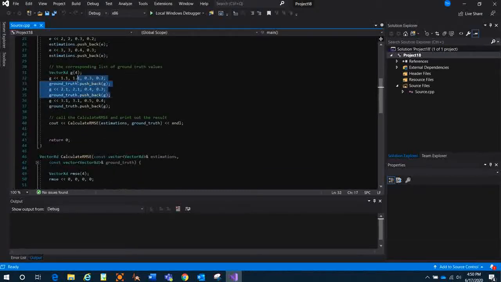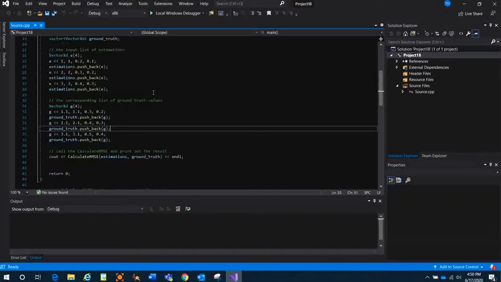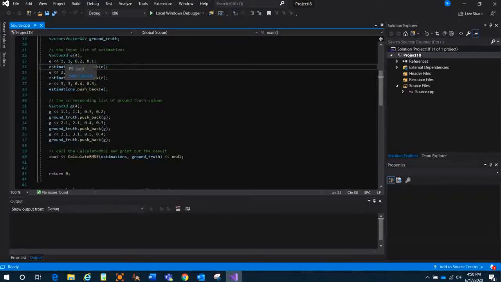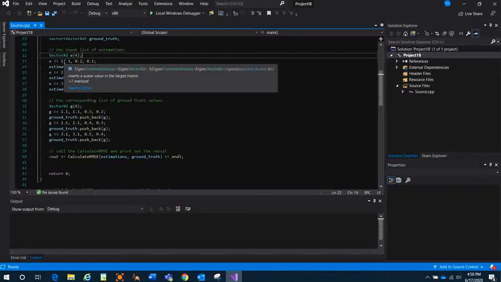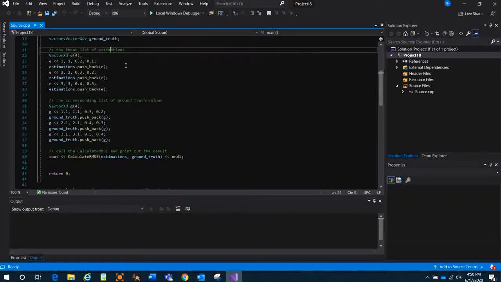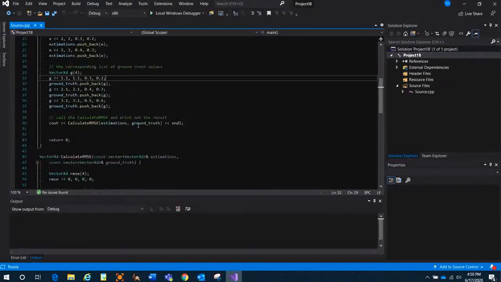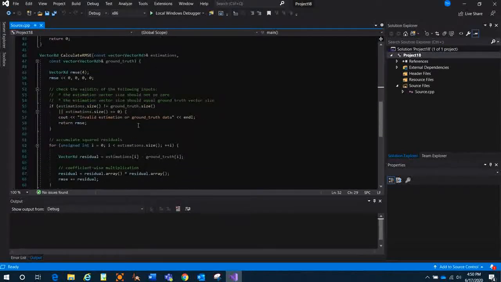So we apply the Kalman filter, we find the estimation with px, py, and we also have the ground truth vector, which is the real value. So we compare the estimation and the ground truth to see how big the difference is. We just apply the formula.